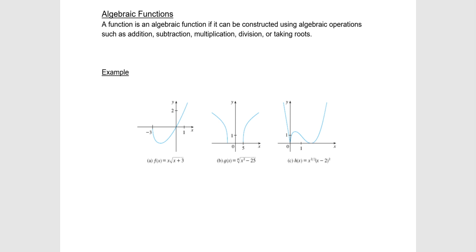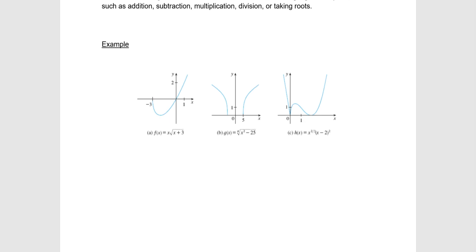Algebraic functions. Algebraic functions are kind of like a mixture of things. They can be constructed using addition, subtraction, multiplication, division, and then the big one is taking roots. So square roots, cube roots, rational roots, rational exponents. So here are some examples.